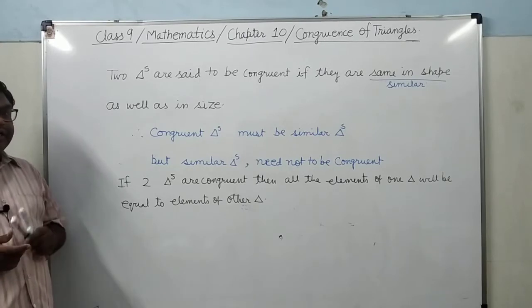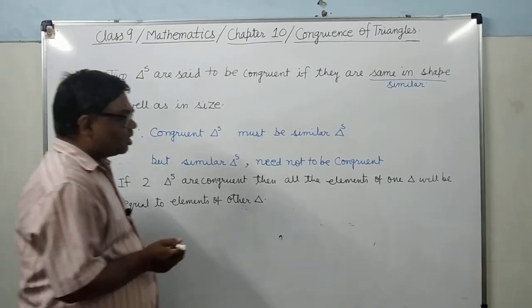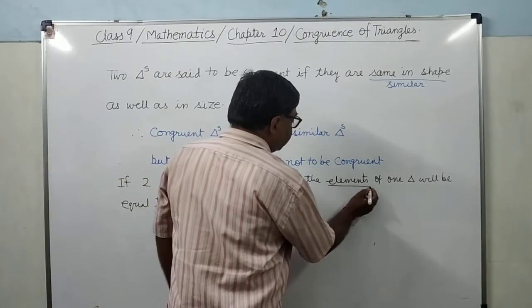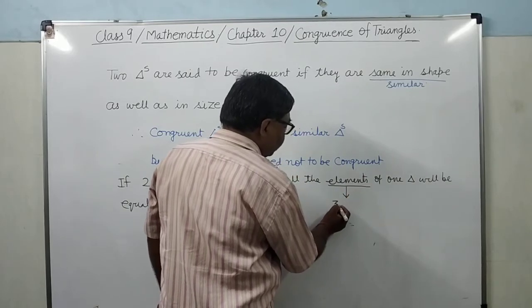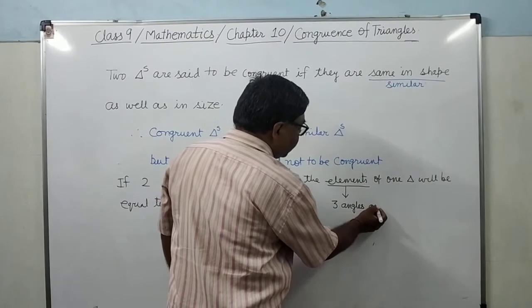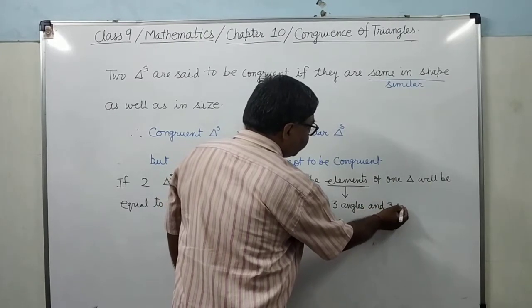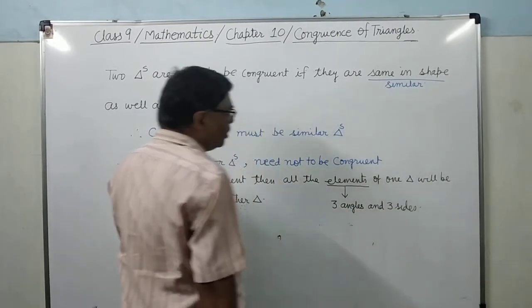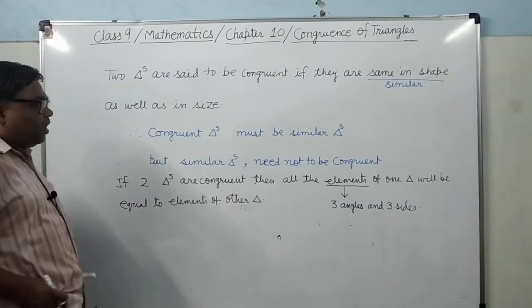Now what do you mean by elements of a triangle? Elements of a triangle means three angles and three sides. It's clear? These are the total 6 elements of the triangle.